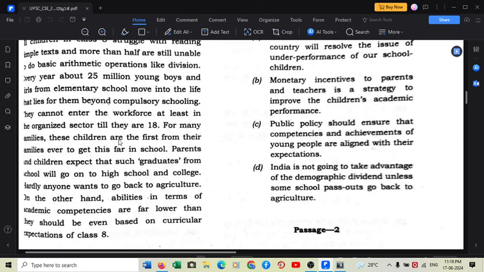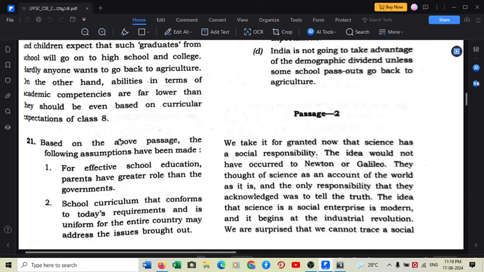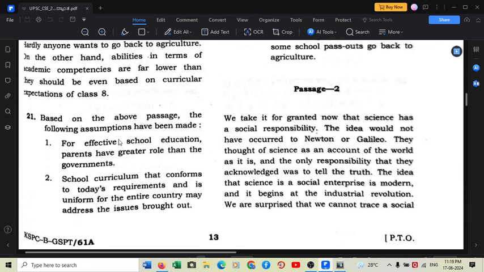The main reason for dropout is the financial condition of the parents or the social attitude of the parents, where they don't want their child to study further. So it's implied, it's hidden, it's implicit. Dropout has nothing to do with the government. The dropout rate of students is increasing primarily because of the influence of the families, right? So statement 1 is an implied assumption. It is correct.